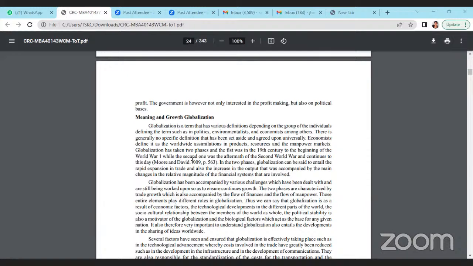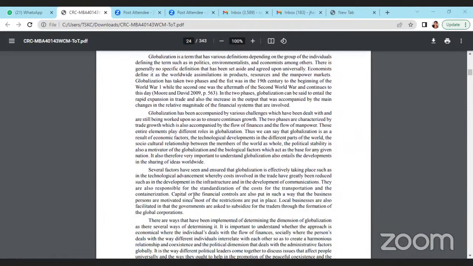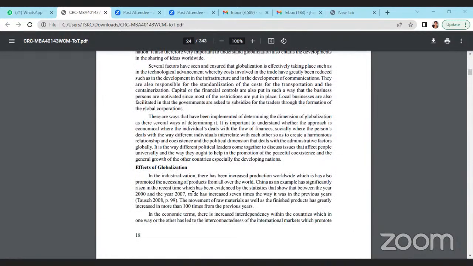It will take place, and also the ideas being shared will have an impact in the world. And there are several factors that will have an impact because of globalization and its effects.